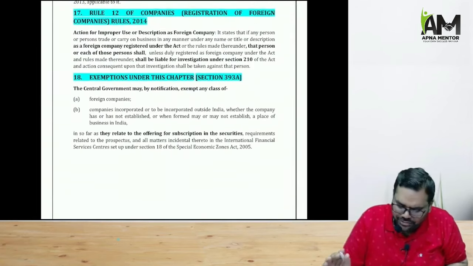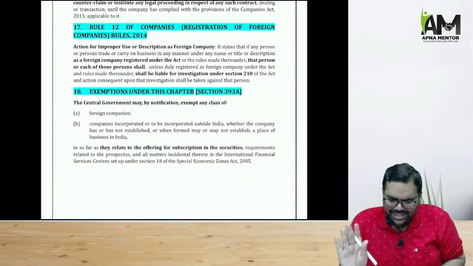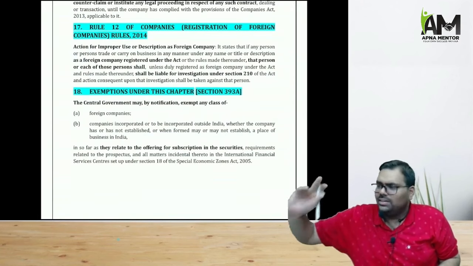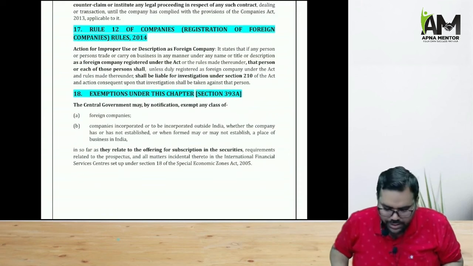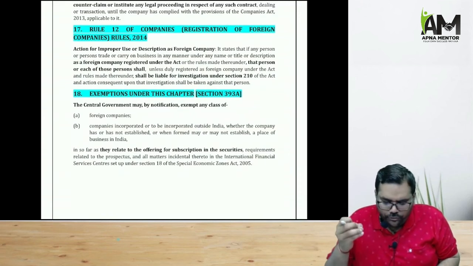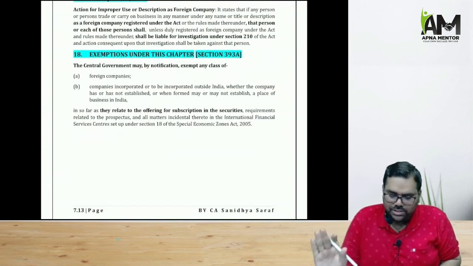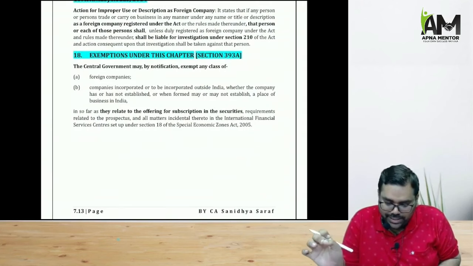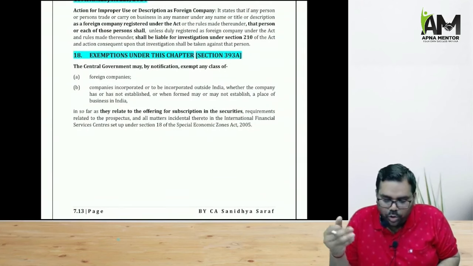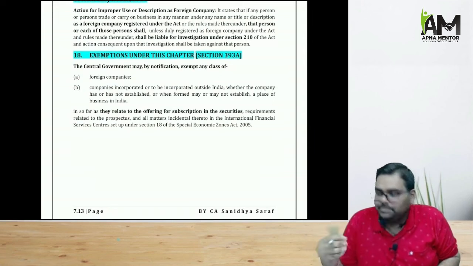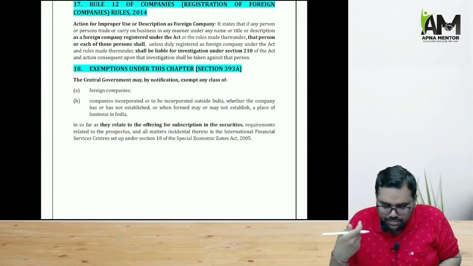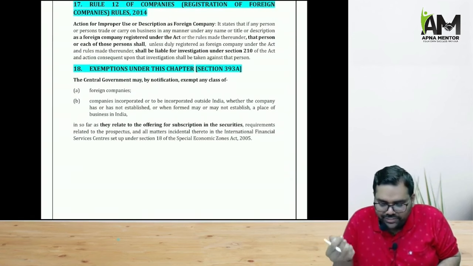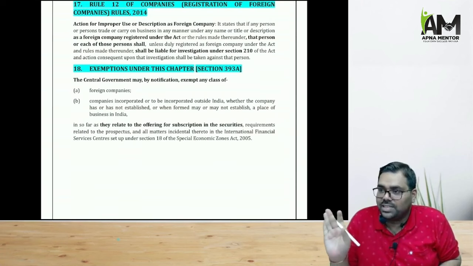393A, you can just strike it off. The CG has the power to exempt any class of foreign company if they are offering securities in the IFSC, International Financial Service Center.